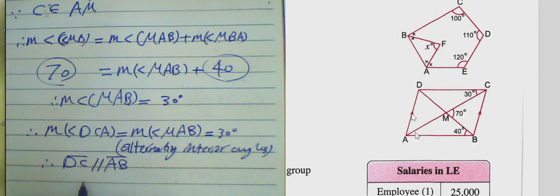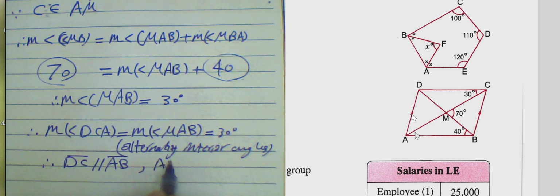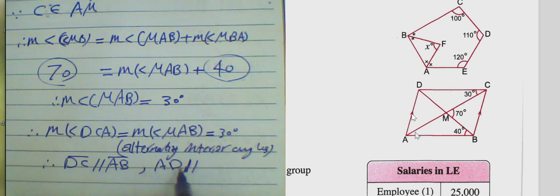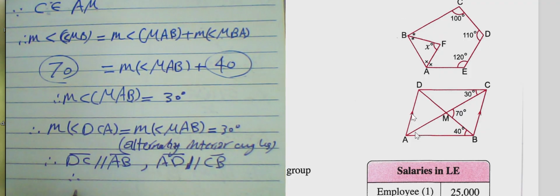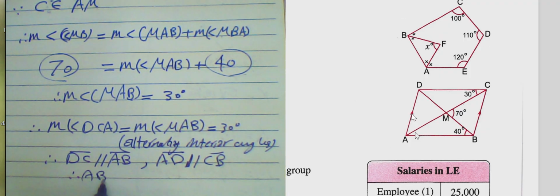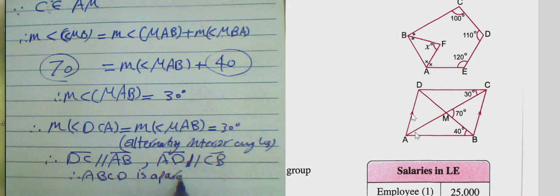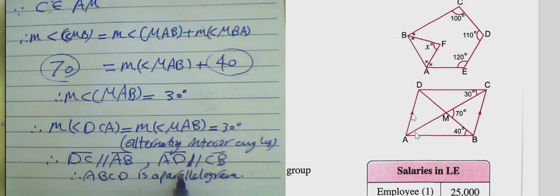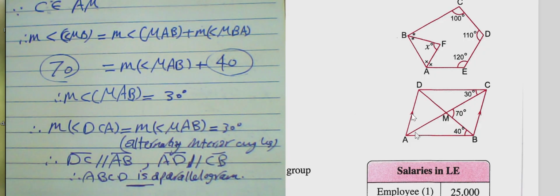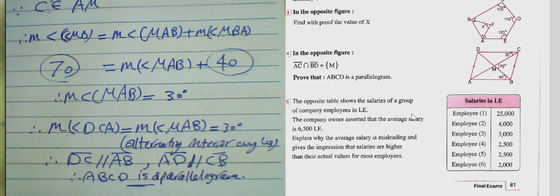And this gives us the information that AD is parallel to BC again. Then ABCD is a parallelogram. Okay, understood? We proved that the figure is a parallelogram because each two opposite sides are parallel.